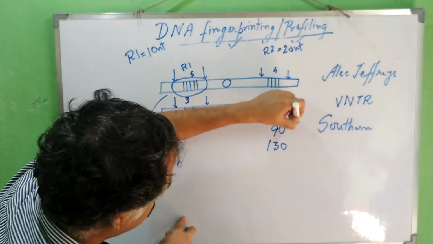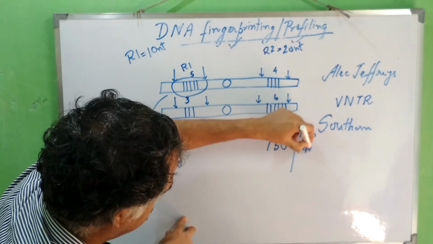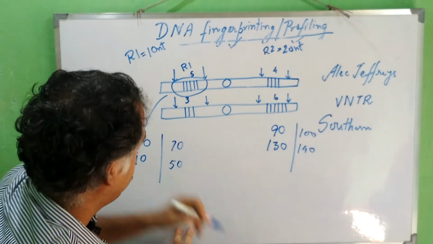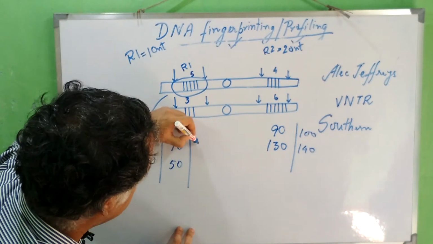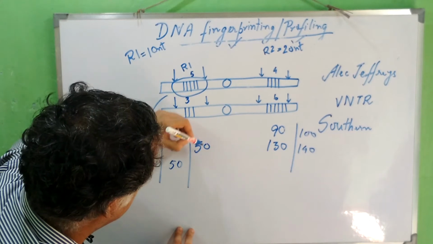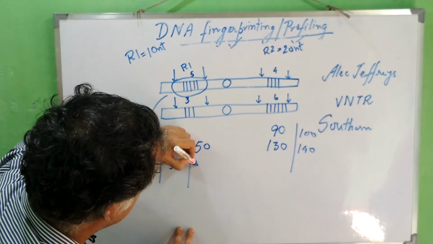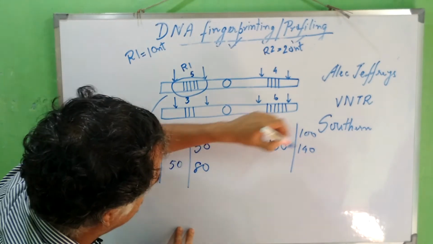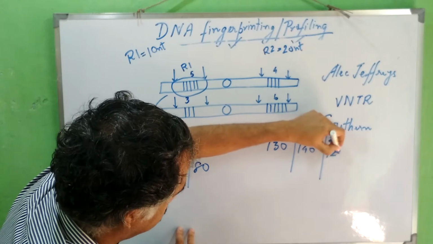And for R2, it could be 100 base pairs and 140 base pairs. And for a third person, it could be, let's say, 50 base pairs and 80 base pairs. And for this person, it could become 80 base pairs and 120 base pairs.